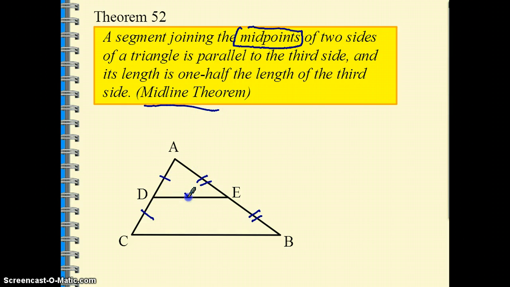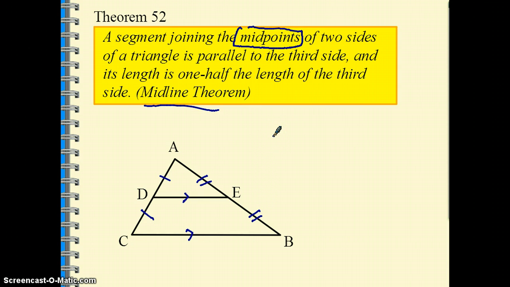This DE is going to be parallel to CB. And DE is going to be half of CB. So the length of DE is going to be 1/2 the length of this third side CB. Okay? So right away, if we have a triangle and we join two midpoints, we can conclude.